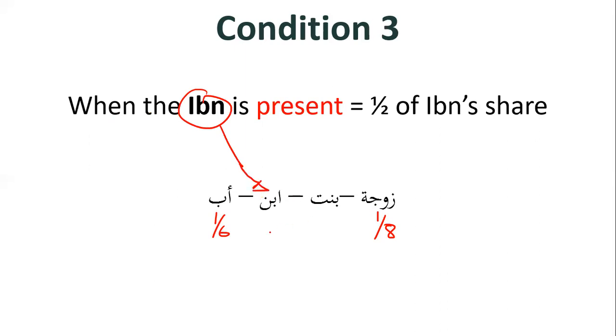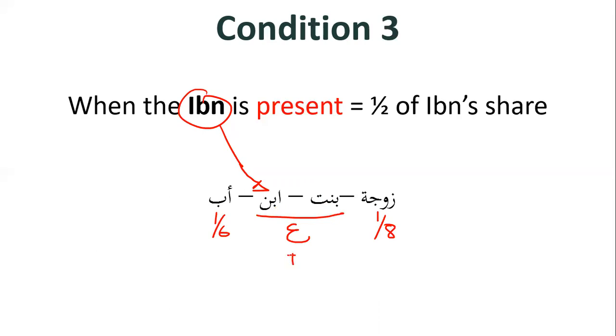So now what we'll do is we will draw a line underneath all the Bints and all the Ibns together, and all we write is ayn for Asaba. When we see in a question that there are Bints and there are Ibns, very straightforward, very easy, we draw a line under all of them and we write ayn for Asaba.